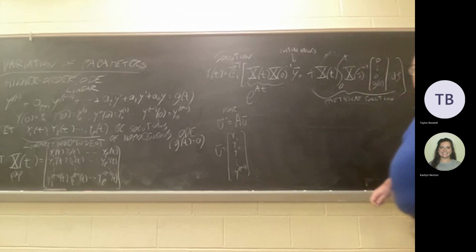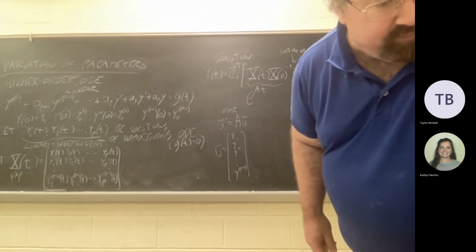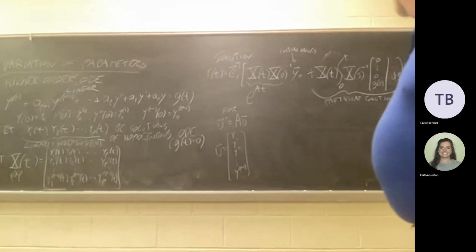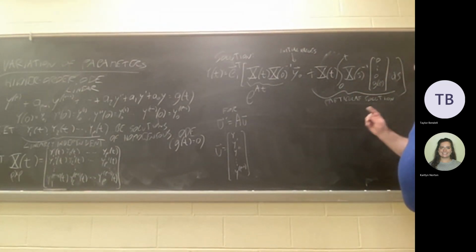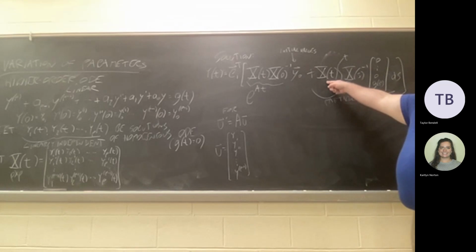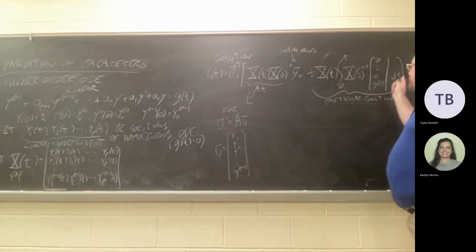The way it's written indicates that the particular solution is a linear combination of the solutions of the homogeneous problem, except that the coefficients in the linear combination are not constants. They're functions of t that come from this, because once you evaluate this, it is a vector function, and then you have a matrix vector product.